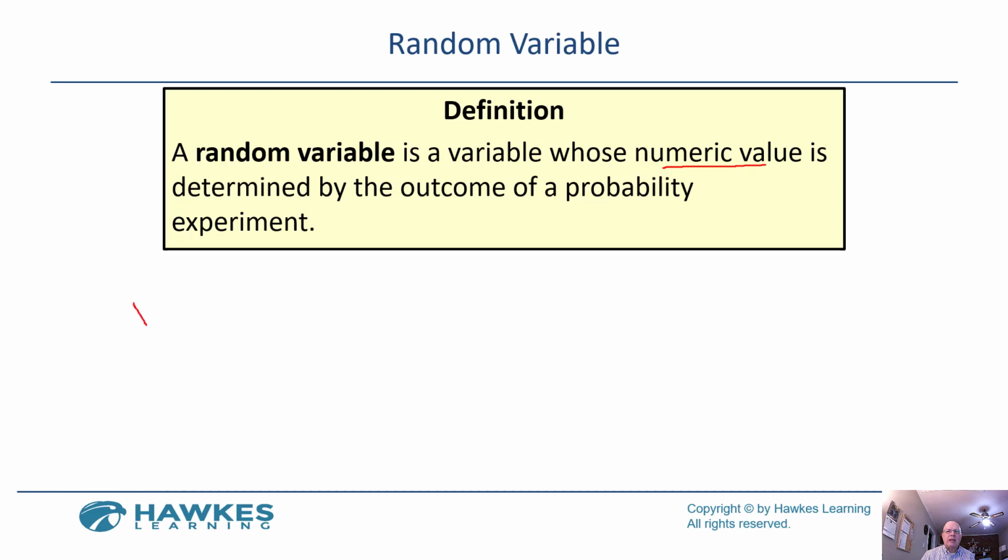What you'll see is a capital X represents the random variable and a small x represents the actual value. But there's a fine line between those two. You might have to give it some thought. X is the overall guy, and this is what happens any particular time.